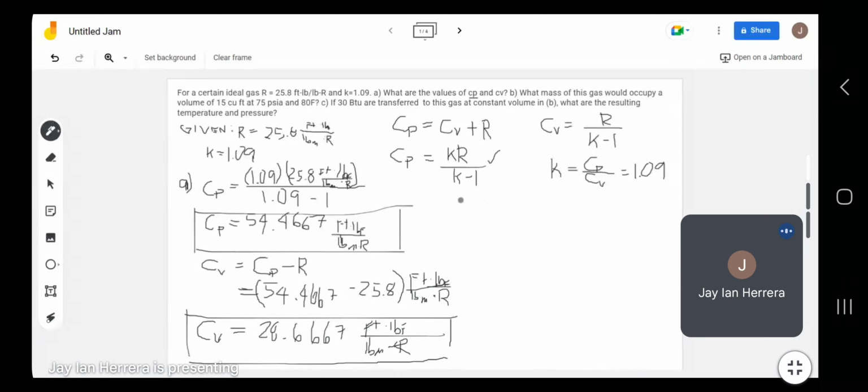Tayo sa letter B. Letter B is what mass of this gas will occupy a volume of 15 cubic feet at 75 psia and 80 degrees Fahrenheit. So babalikan natin yung ating ideal gas, which is, favorite natin yan, PV equivalent to mRT. Hindi natin alam yung mass. We can get the mass as PV over RT.